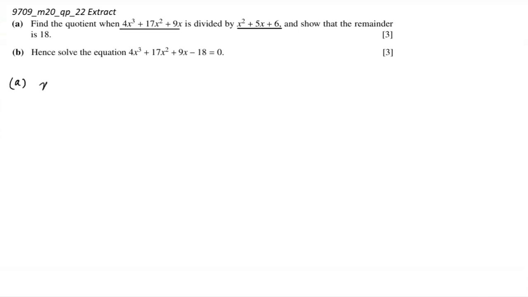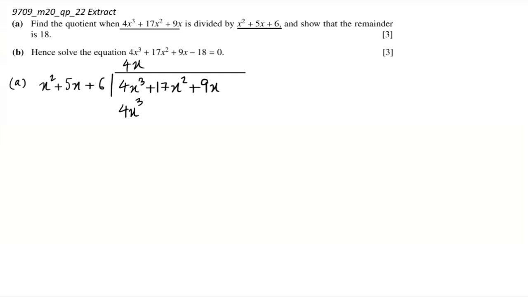Okay, so we write the divisor outside, classic long division problem, and put the dividend inside, 4x cubed plus 17x squared plus 9x. Okay, this goes like 4x, which will be 4x cubed plus 20x squared plus 24x.